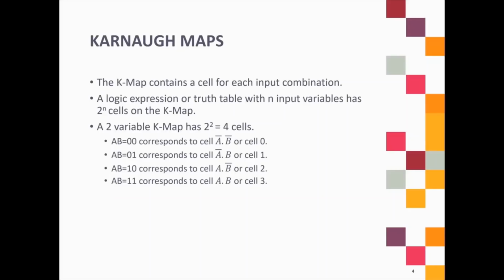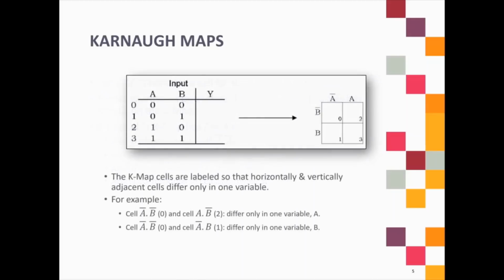For example, 0, 0 is referring to A bar and B bar, or cell 0. 0, 1 is cell A bar and B, or cell 1. 1, 0 is cell A, B bar, or cell 2. And the last one, 1, 1, corresponds to the cell A and B, or cell 3. So this is the K-map for a 2 variable truth table, and then this is the truth table.